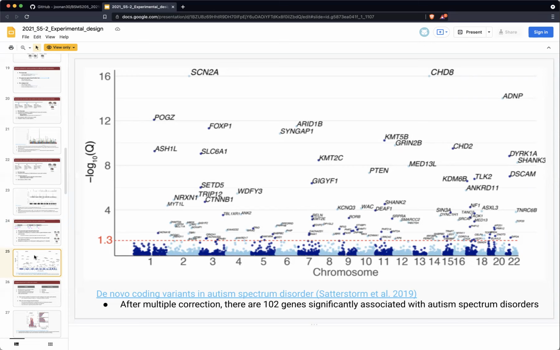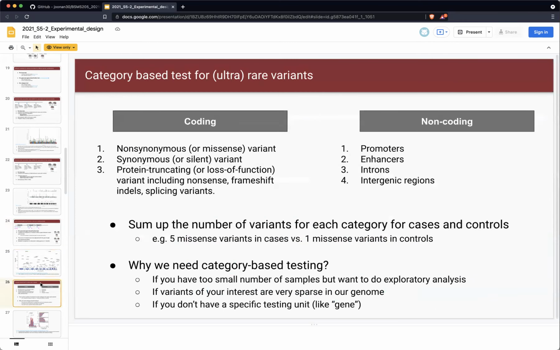If you remember your first assignment, the Kaplani paper also used the same burden test for their association testing, right? You can recheck whether the Kaplani paper used the locus test or the burden test, and then you will probably feel that the burden test was the correct way to get their significance of association.